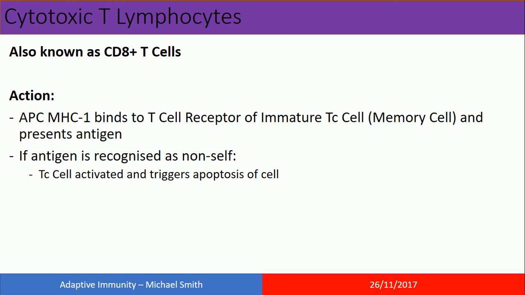So it's worth remembering now that you essentially have a different T cell or cytotoxic T cell and T helper cell for each different type of pathogen or antigen which can be present. So that's why it's a very specific response. If it recognizes that antigen, then it's the only T cell that will break down that antigen.